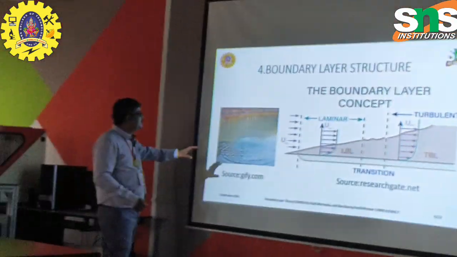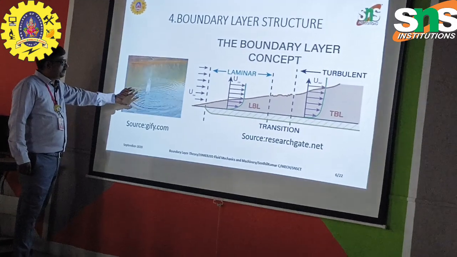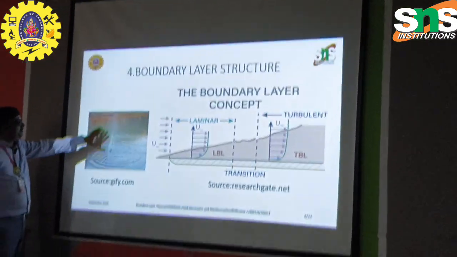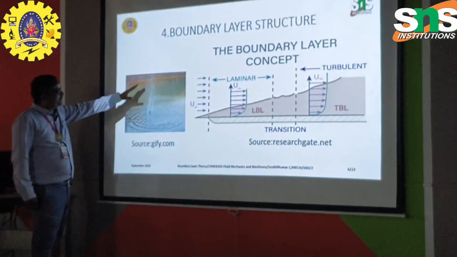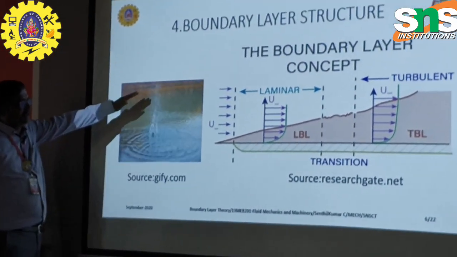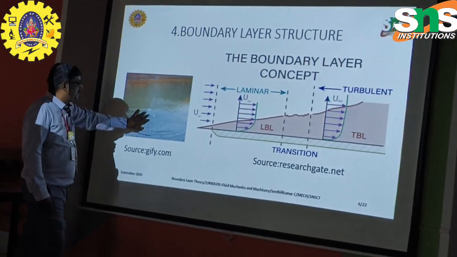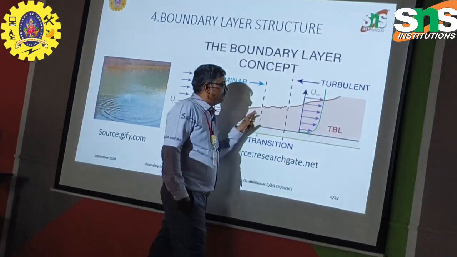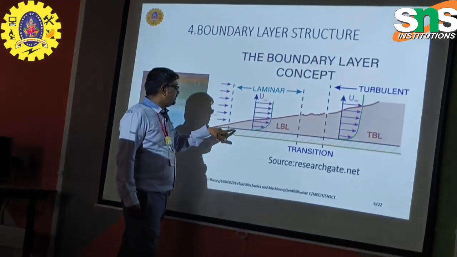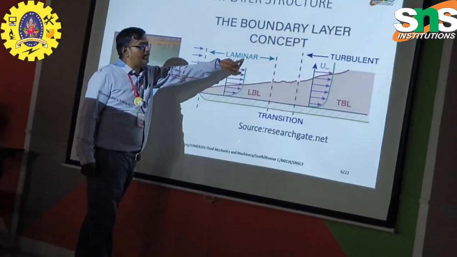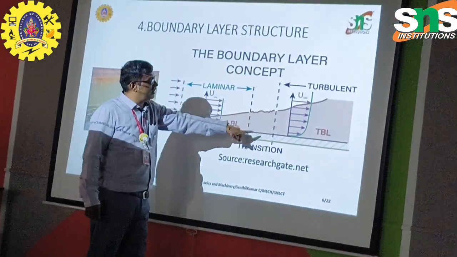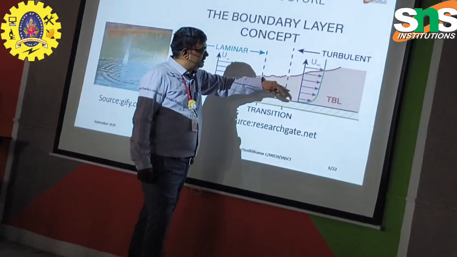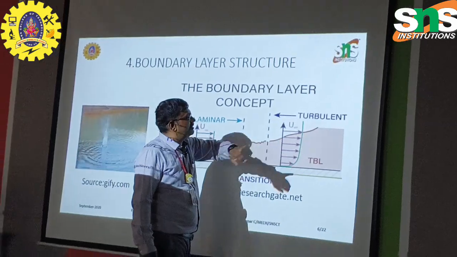Here we can see the fluid. When you hit a stone on this water flow, there will be a sudden rise of water. This is nothing but separation of one layer from another layer, where we can see turbulent flow of the fluid. Up to a certain level it follows laminar flow, after that the transition region, and then there will be a rise of fluid flow that is called turbulent.